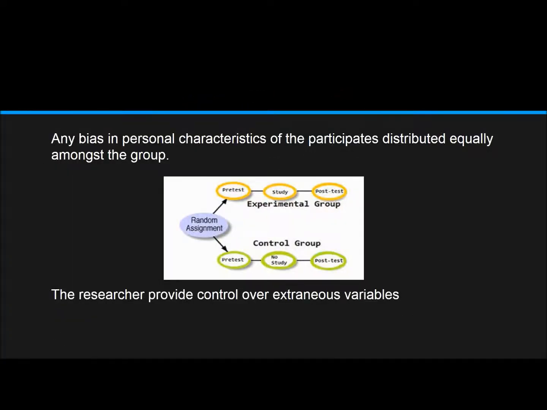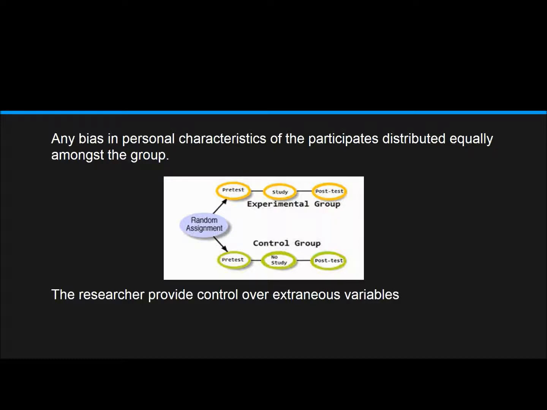Here are two ways random selection and random assignment might help to reduce experimental error and mitigate threats to validity. First of all, in any population of people, no matter how randomly you select them, you're going to have differences. People are going to have different characteristics.